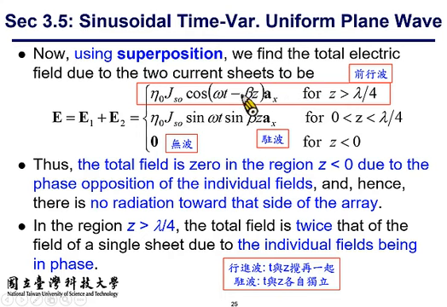So we see the first region, z greater than a quarter wavelength, is a propagating wave.